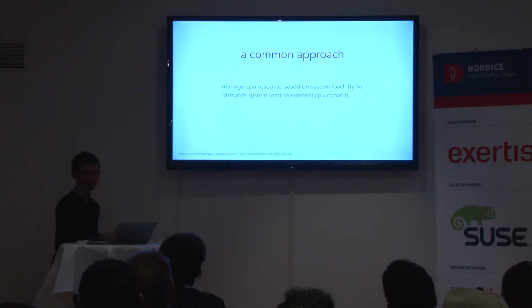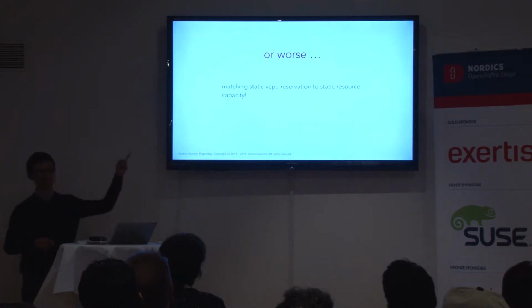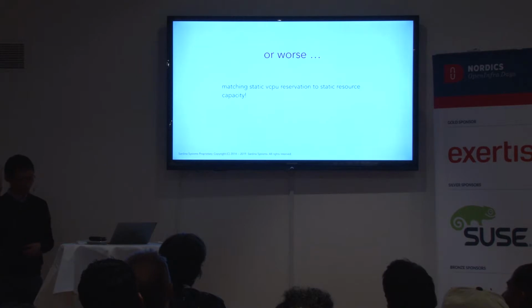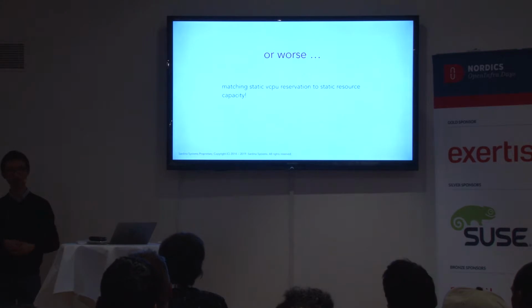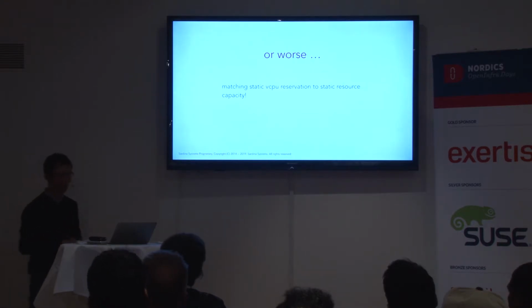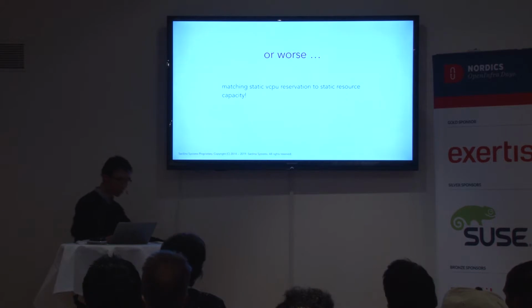Does it work? Or, worse, this is the absolute worst: you take a static vCPU reservation, which often comes out of your flavor definition, and then you match it to some static resource capacity. Basically, your host has a certain vCPU capacity that you define. And whether it's with overcommitment or not, it's still a static figure.